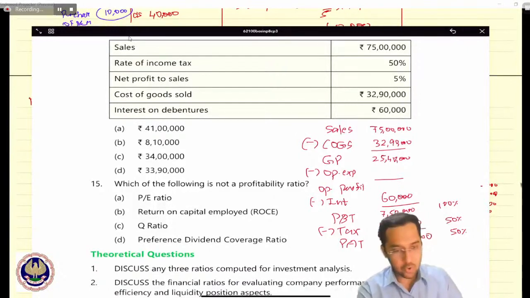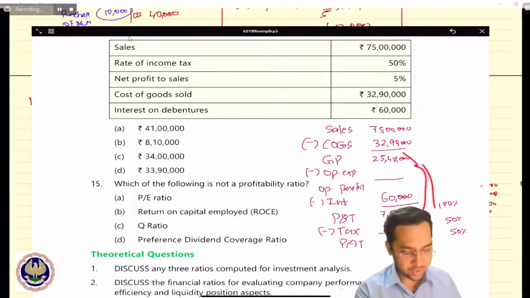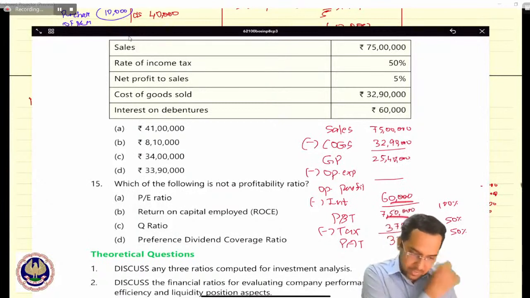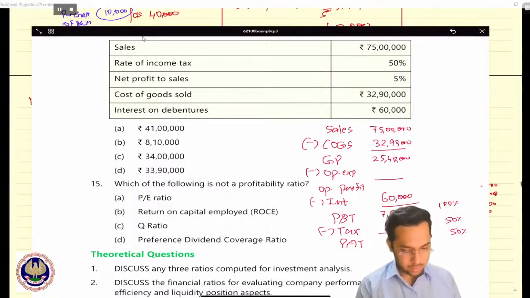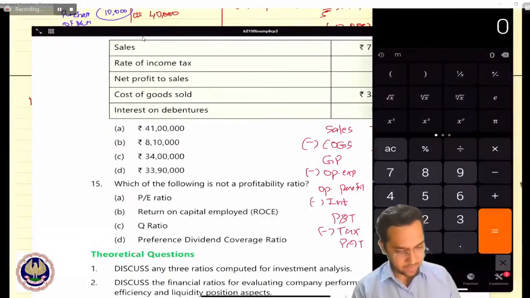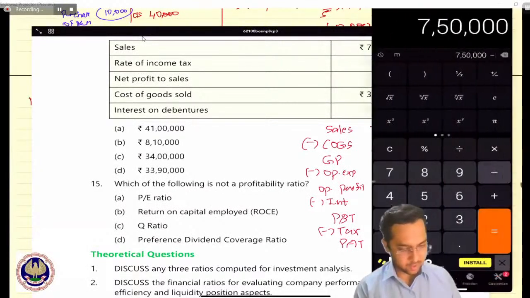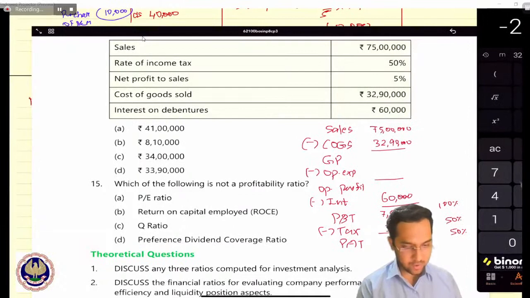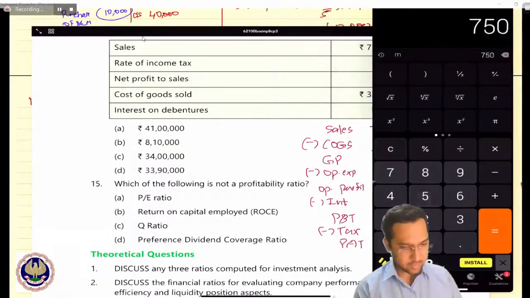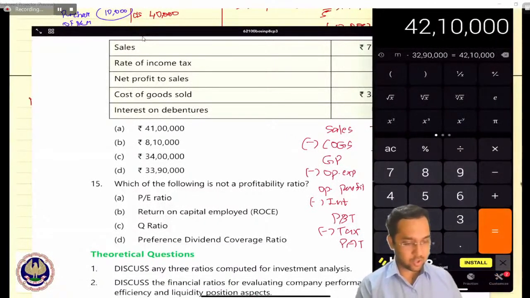So going in reverse, profit before tax is 7,50,000 and interest is 60,000. Sales of 75 lakh minus 32 lakh 90,000 gives the gross profit of 42 lakh 10,000.